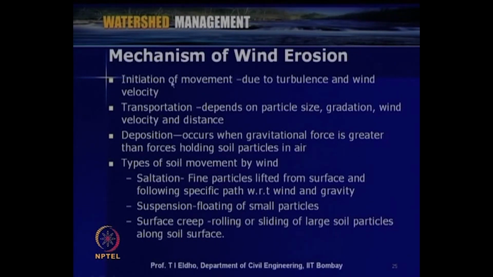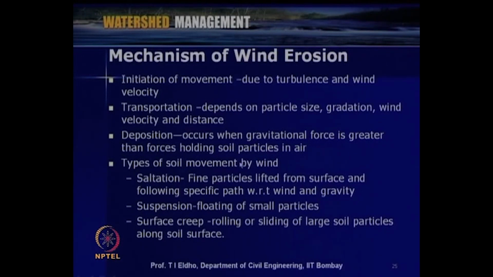Next is transportation, which depends on the particle size. If the soil particle is fine, the transportation rate will be higher, then gradation, wind velocity and the distance. The third mechanism is deposition. Deposition occurs when gravitational force is greater than the forces holding soil particles in air, especially when the wind velocity comes down.